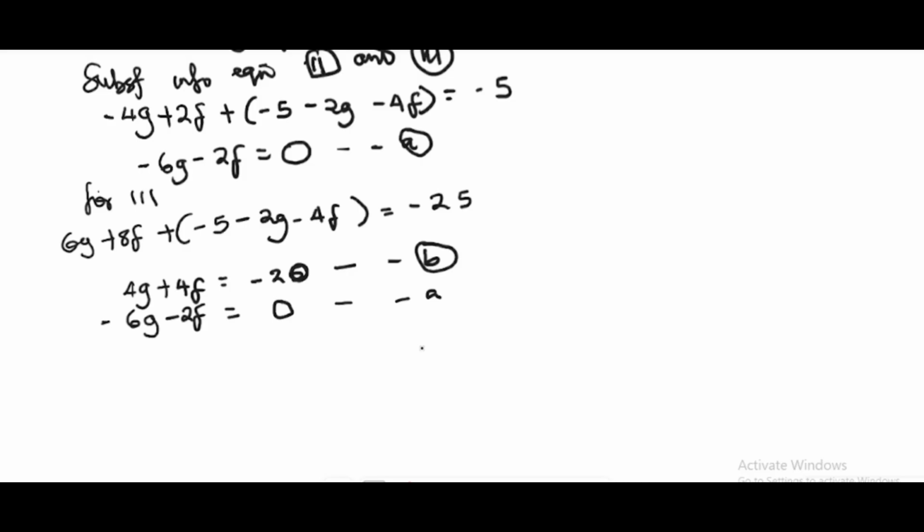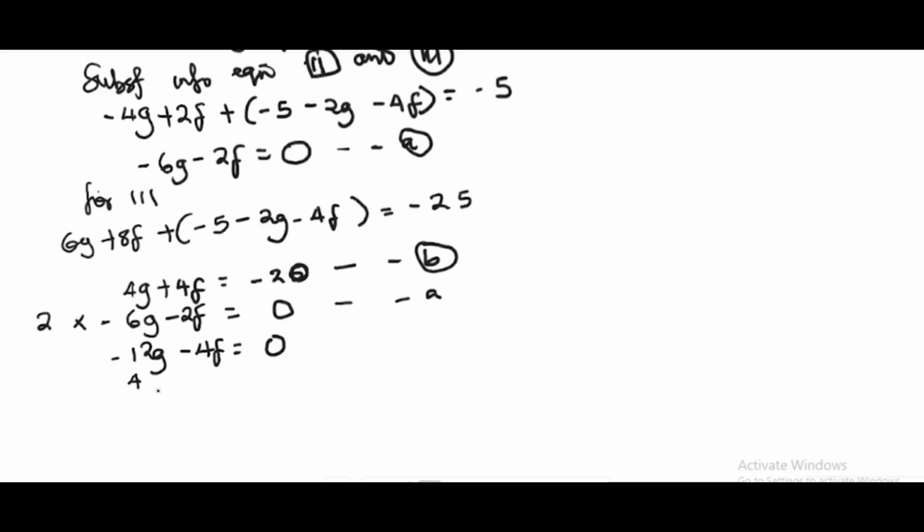Okay, so in equation A, let's say we multiply here by 2, so that we'll have 4 here, just like we have here. So that will become minus 12g minus 4f. 2 times 0, 0 will still be 0. Then that one up, that's our equation B. Let me just write it under.